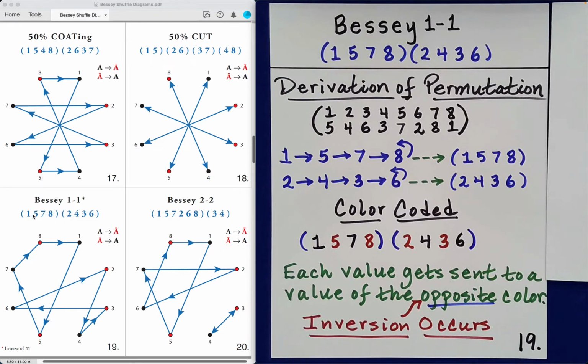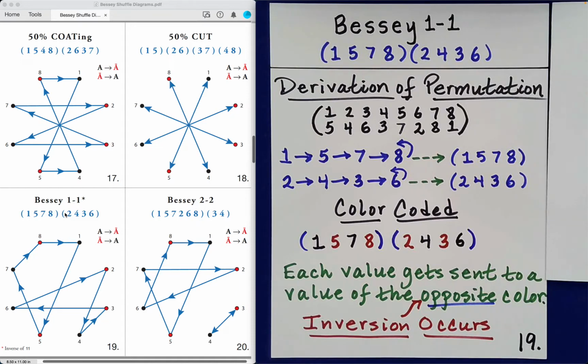So 1 goes to 5, goes to 7, goes to 8. Start at 1, 1 goes to 5 down here, which goes to 7, which goes to 8, which wraps around to 1. So we get this 4 cycle, which again means that the numbers 1, 5, 7, 8 are members of the same orbit.